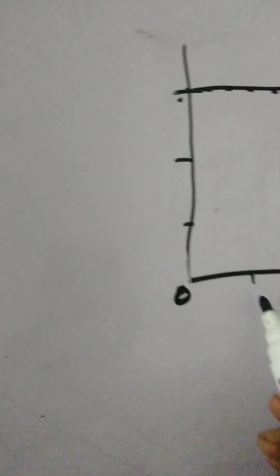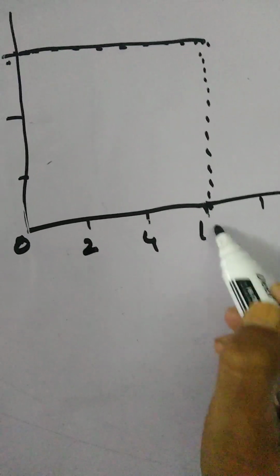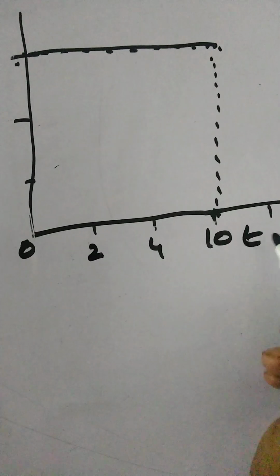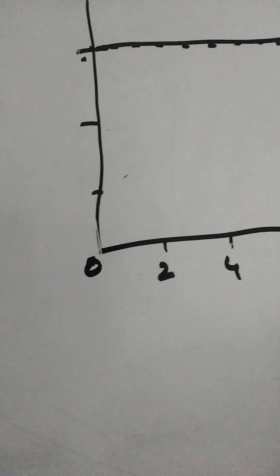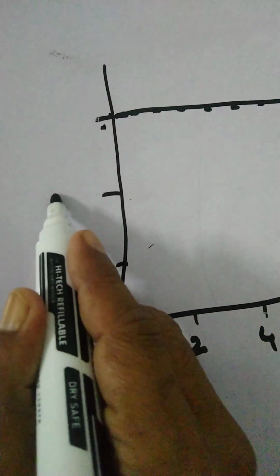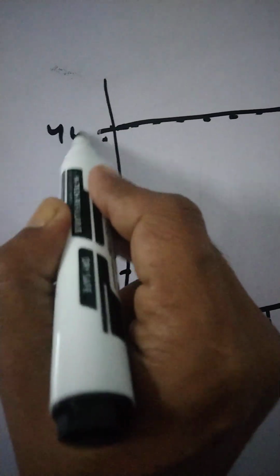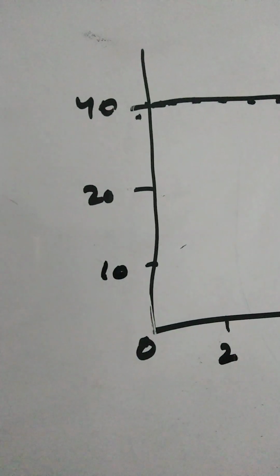Okay, one more. We are making a similar kind of graph, to find the distance whenever the time is 10 seconds and the speed is 10, 20, and 40. This is a simple one.